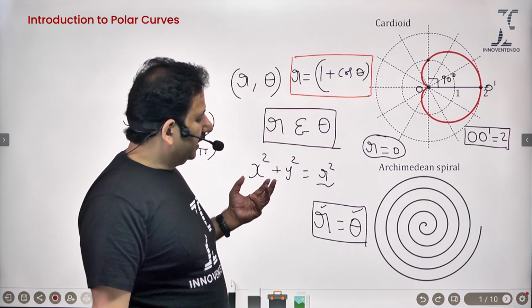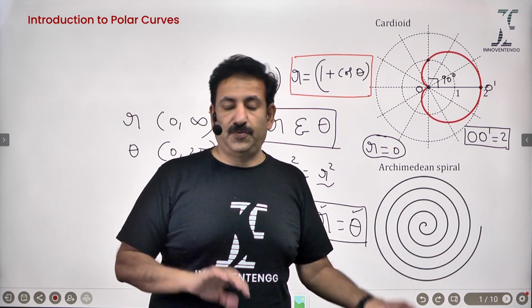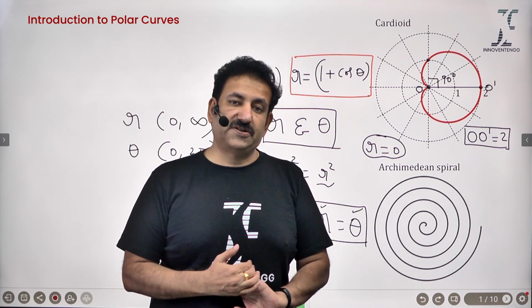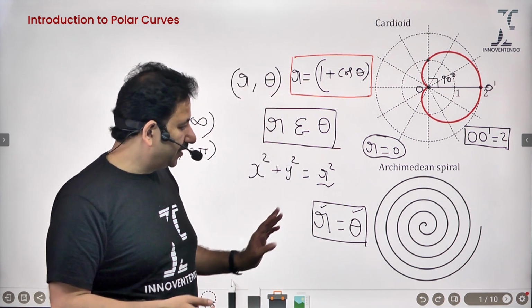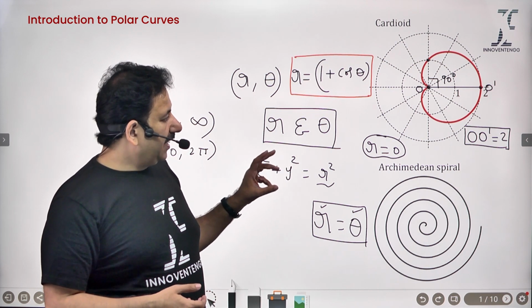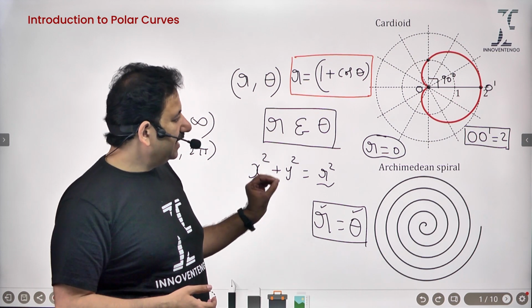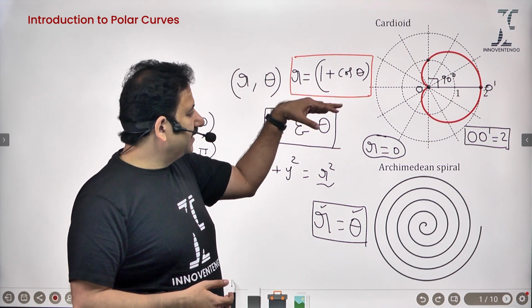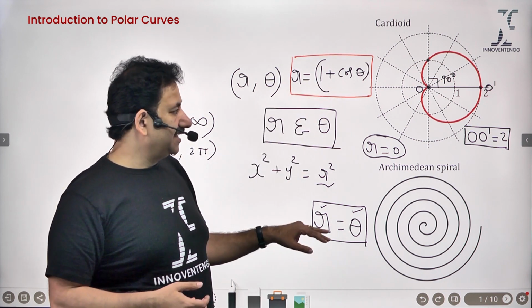And of course, even in integral calculus, if you switch from Cartesian to polar, the integration also becomes very easy. Of course, there are several advantages of polar coordinates, but for now, what is very easy to appreciate is the representation and also the elegance of mathematical formulation. So both could be easily seen and appreciated.